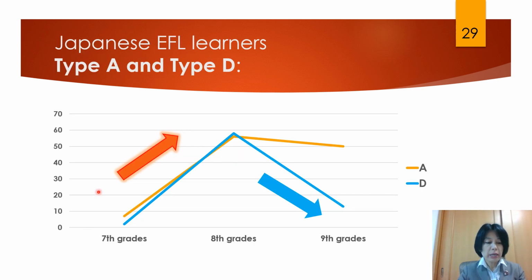In the 9th grade, the number of type D rapidly decreased from 59 to 13, while the number of type A remained high. This presents evidence that the students acquired the argument structure of the English verb give and abandoned the application of the Japanese argument structure of 与える to the English sentence.